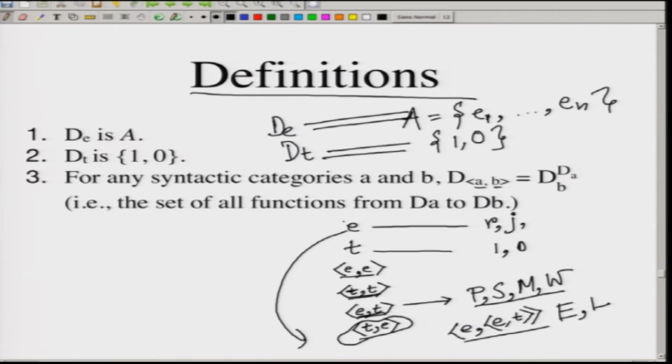What about this T to T? It takes a T and returns a T. For example, the sentential logical operator neg is a T to T thing. It takes a T, it returns a T. We can see that now any linguistic element we can talk about would have a type, right.